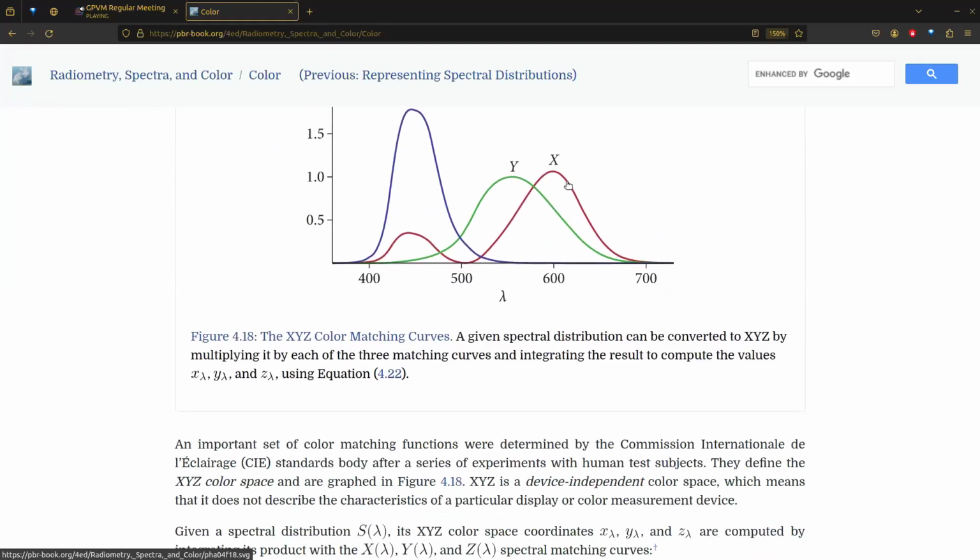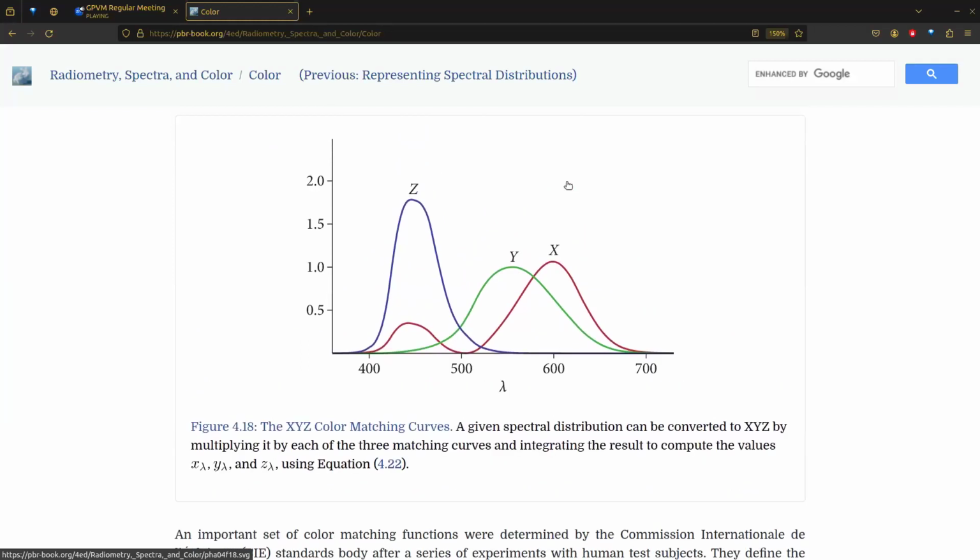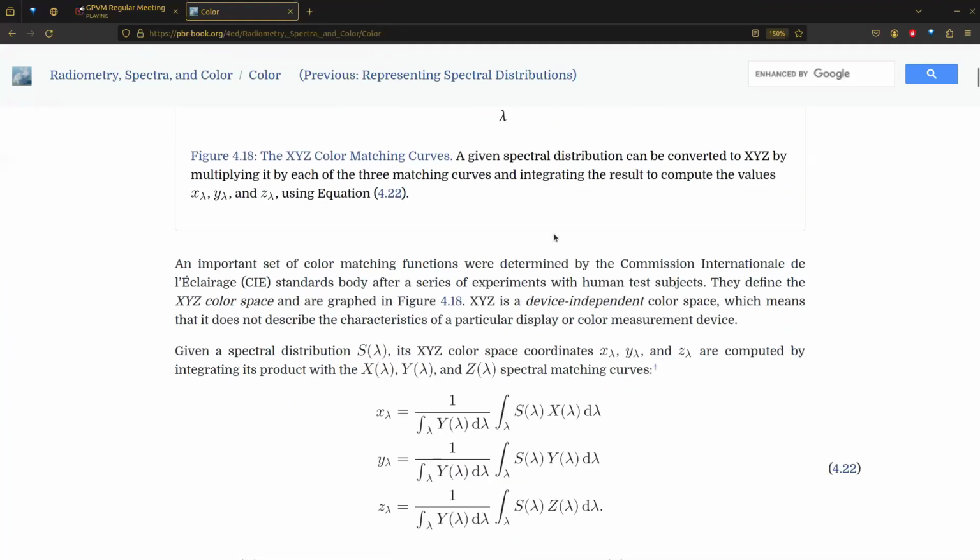Looking at the XYZ color matching curves, as a function of wavelength you can get a point in XYZ space that represents that color based on these curves. I've actually been messing around with this.